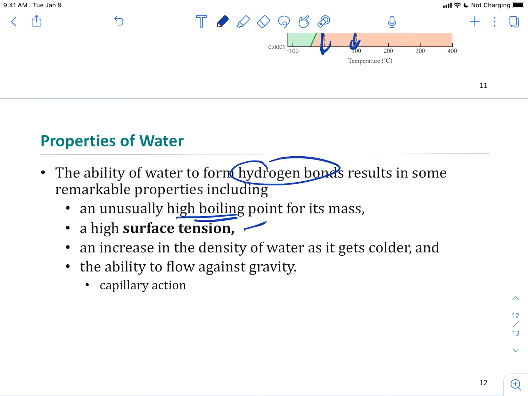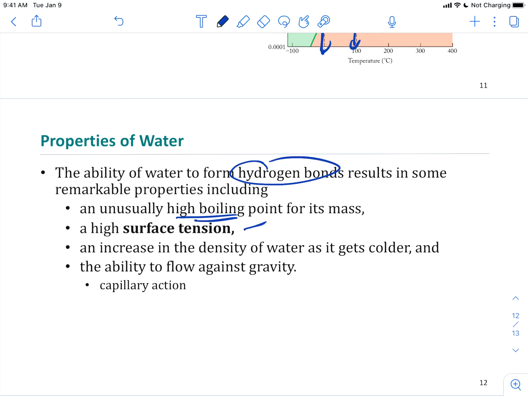The surface tension is the ability of the surface of a liquid to resist forces against it. So the idea of a water strider moving across the surface of the water, or something staying on the surface of the water and not sinking, has to do with that surface tension of the water.